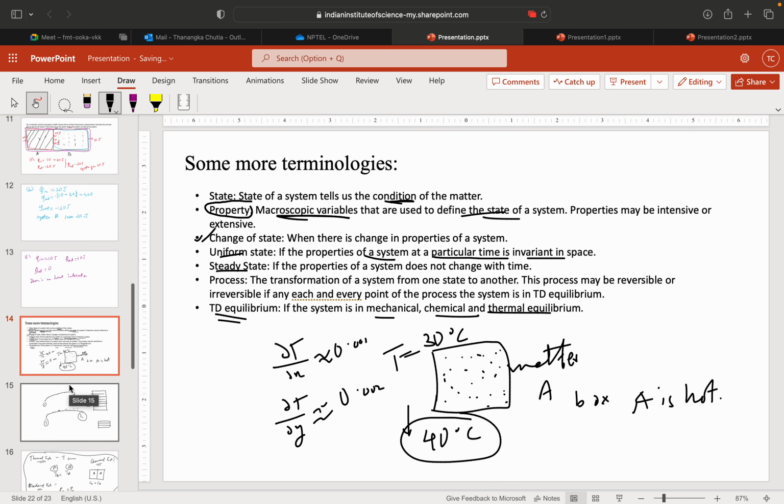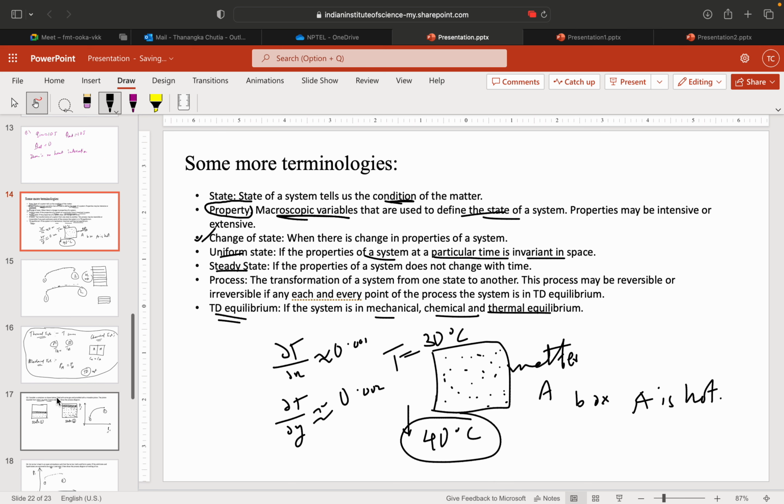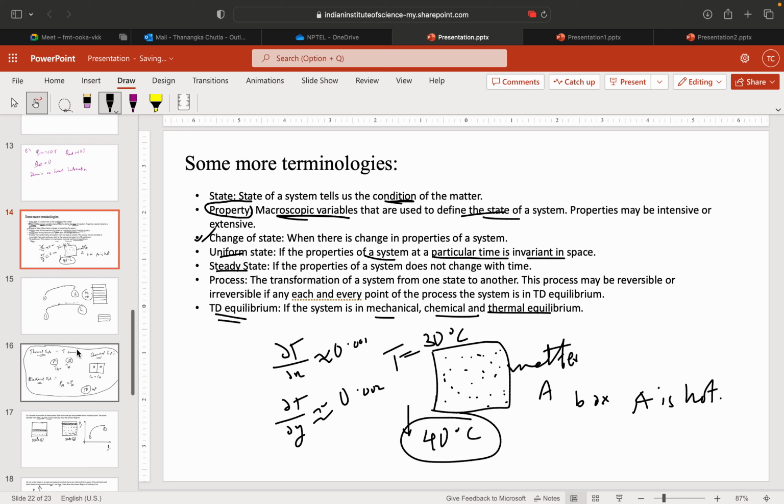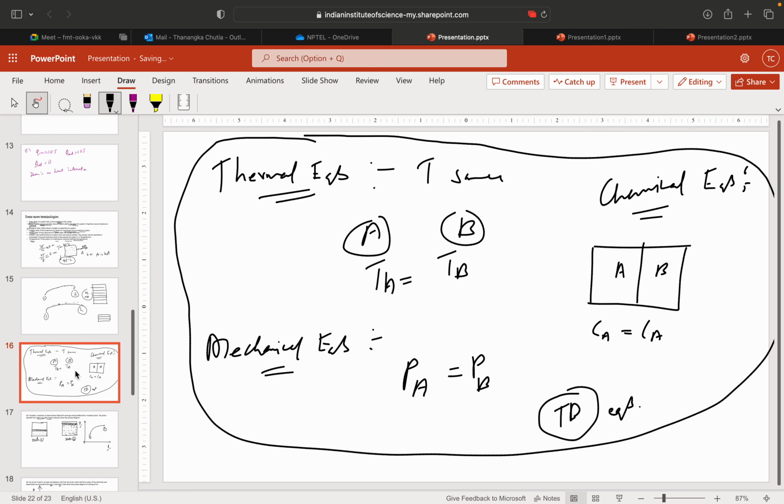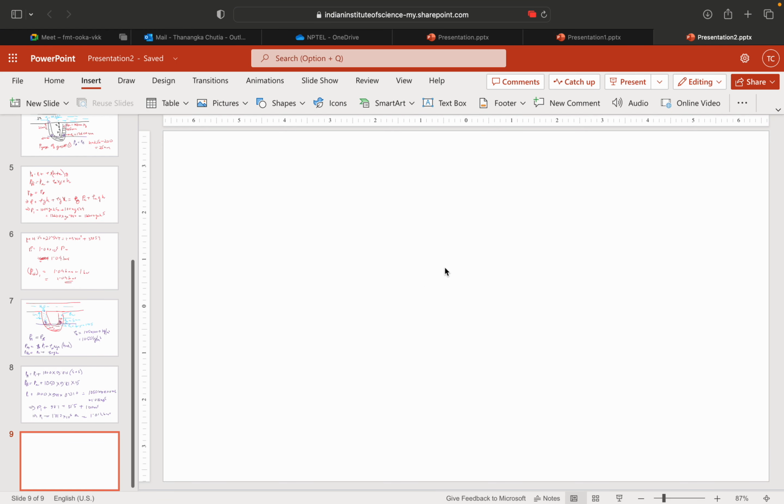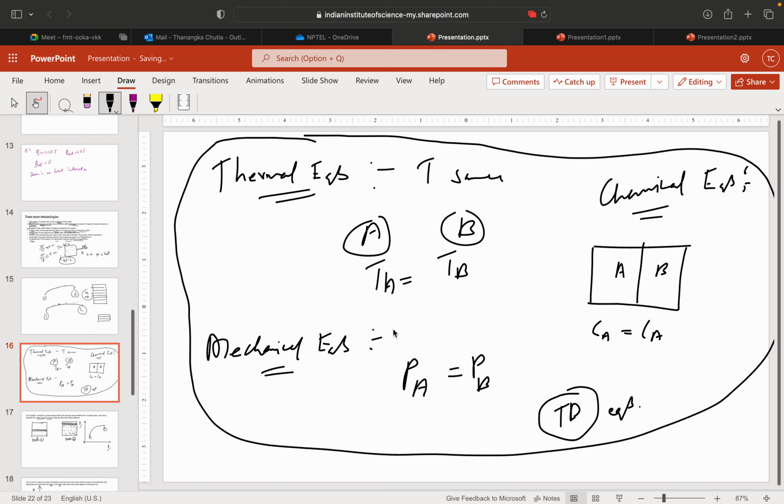Next, we discussed thermodynamic equilibrium. A system is said to be in thermodynamic equilibrium if it is in thermal equilibrium, mechanical equilibrium, and chemical equilibrium. Thermal equilibrium means that the temperature remains the same.